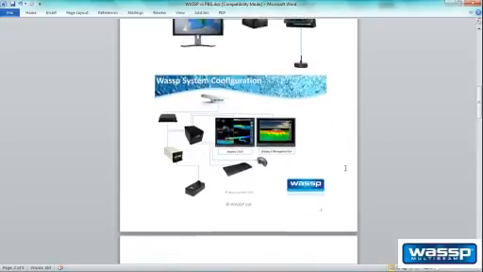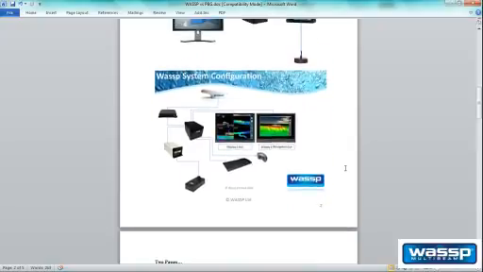WASSP is very different. Here we have a WASSP configuration, and now we can see we've got our WASSP transducer, which is this transducer that allows us to view 112 beams, which is connected to a transceiver box, which is then connected to a computer. Also connected is a satellite compass.